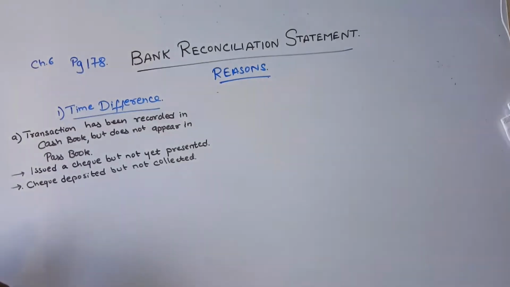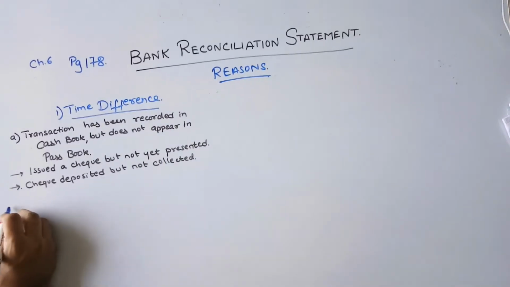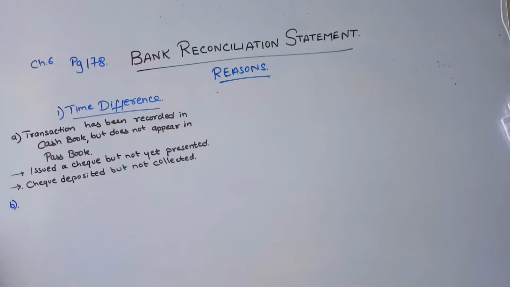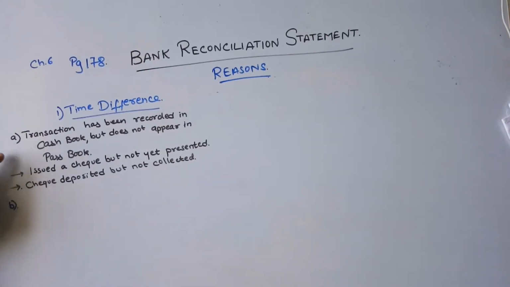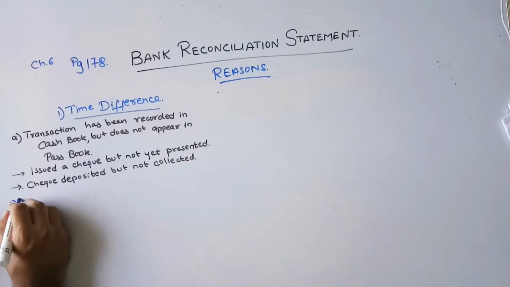Okay, guys. Now part B. What we did was transactions that have been recorded in the cash book, but don't appear in the passbook. Now let us do it the other way.